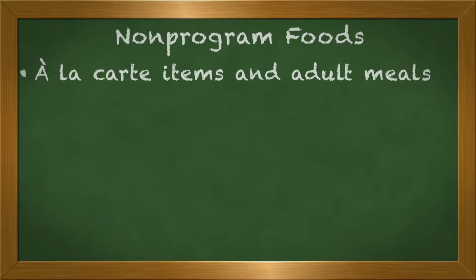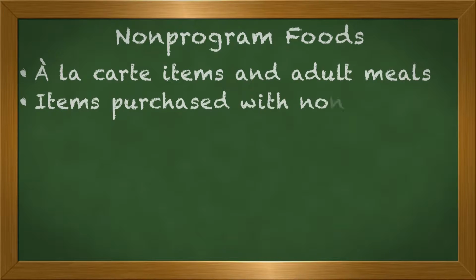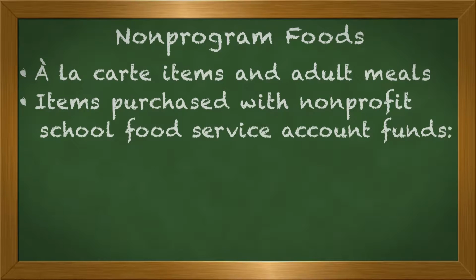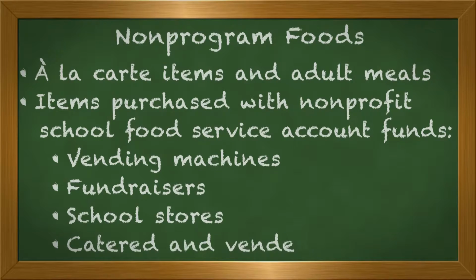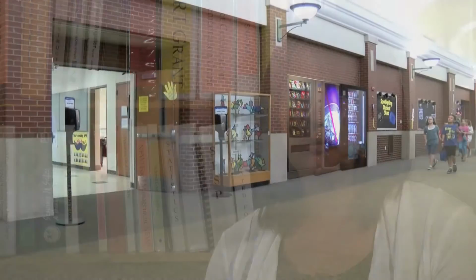It also includes items purchased with nonprofit school food service account funds for vending machines, fundraisers, school stores, catered and vended meals. Some of the things you need to keep in mind when you're talking about these items is to consider the amount of time that it takes the staff to prepare these items and being sure that you're being reimbursed for your time as well as what the actual cost is of the item.